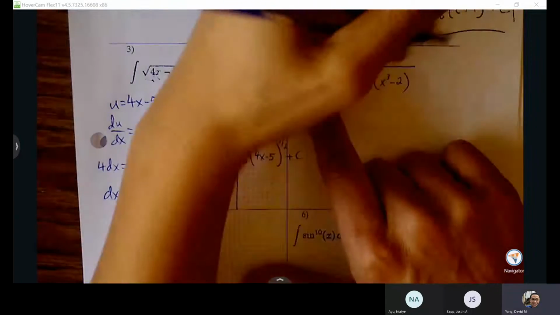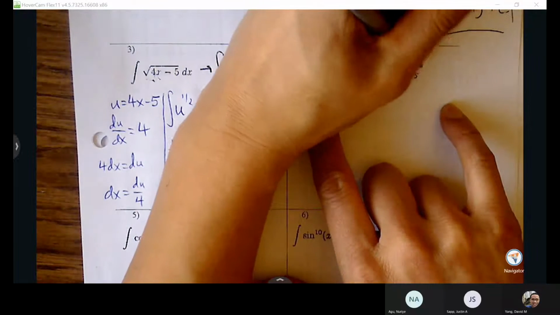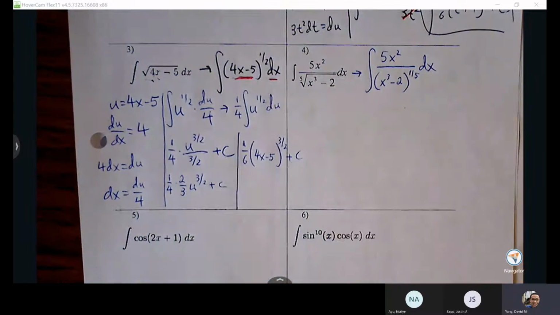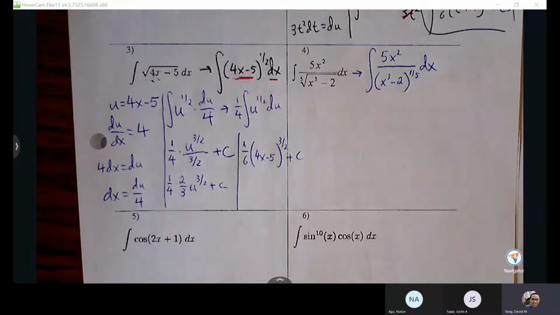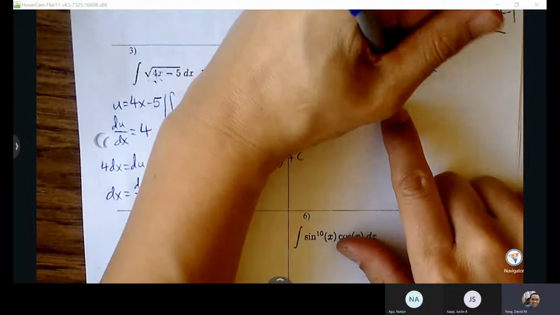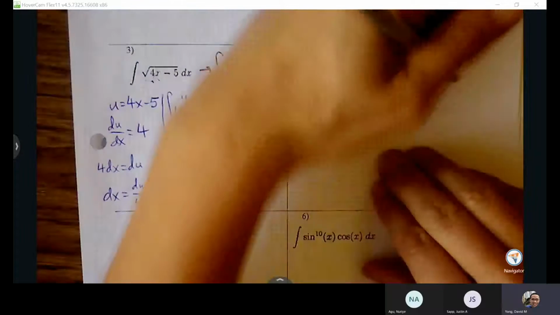This is raised to the 1/5. Right. We know that we're targeting that portion inside the parentheses. That's our U value.